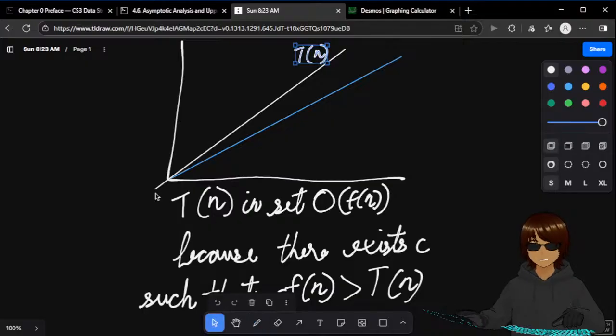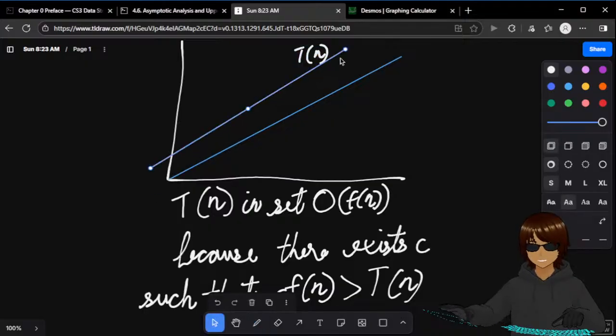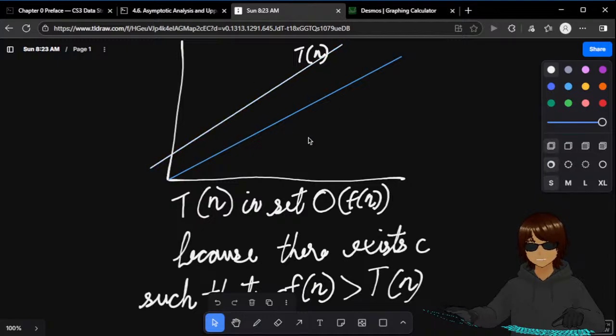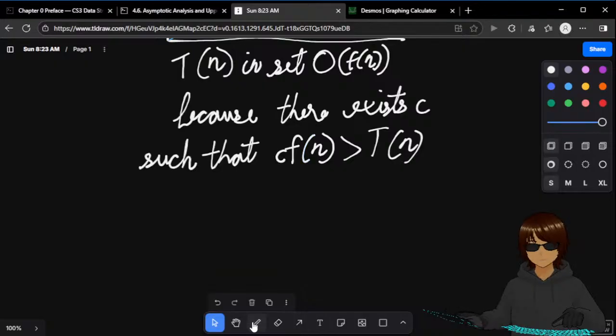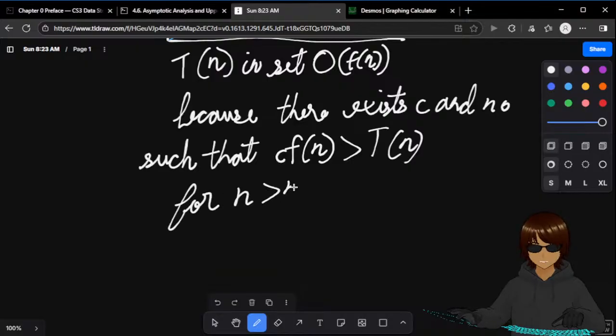And if this does not cross the origin, this is steeper and it does not cross the origin, then there also exist c and n naught such that this is true for n greater than n naught.